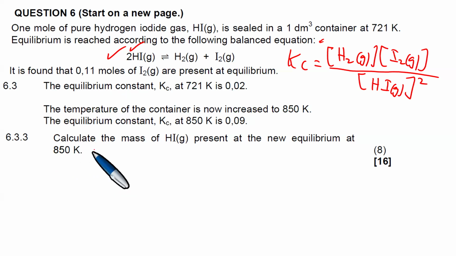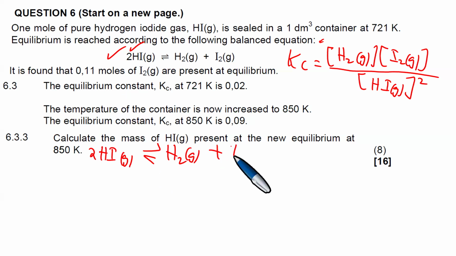For example, you have the hydrogen iodide gas, and you have your hydrogen gas, and you have your iodine there. The couple of things that we saw: 1 mole of pure hydrogen iodide is sealed in a 1 cubic decimeter container at 721 Kelvin.